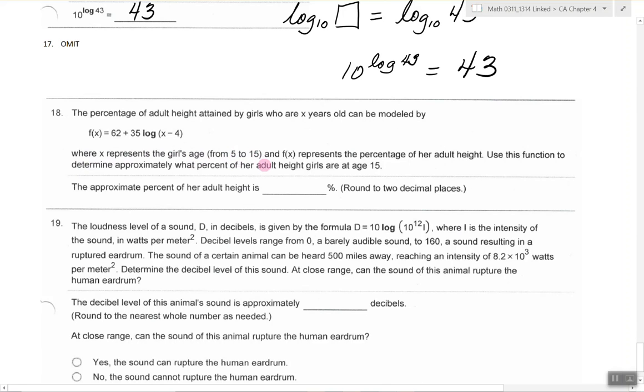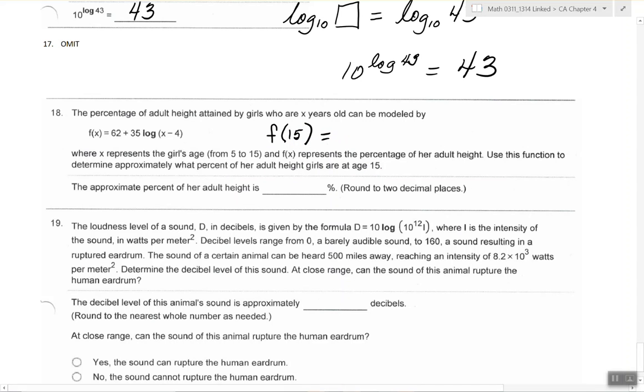This is no longer valid outside of that range. Use this function to determine approximately what percent of her adult height girls are at age 15. So what they're doing is saying find f of 15.